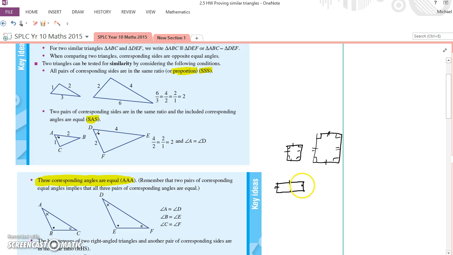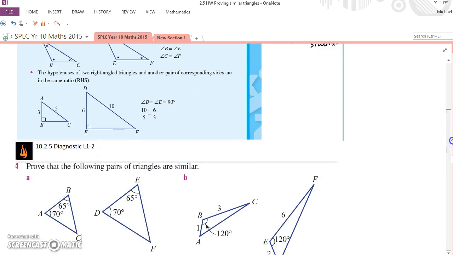There's an example of a rectangle, but clearly that's not similar to either of the squares, or indeed that square that I'm taking, having a lot of fun drawing all those extra markers on. They're not similar. But with triangles, if the angles are equal, the triangles will be similar.